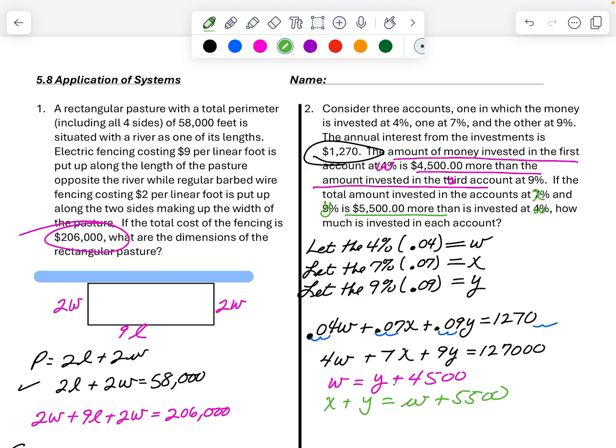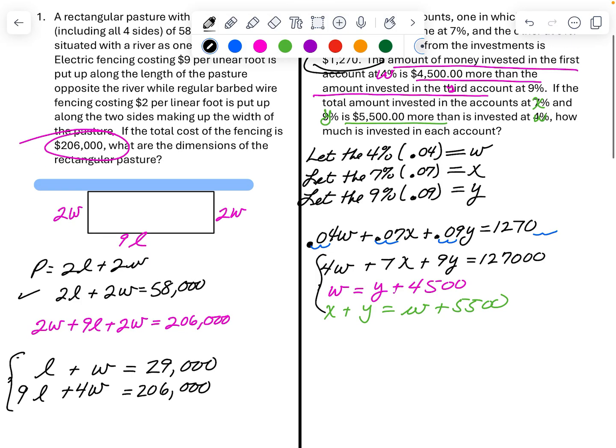Sorry about that. So that is our system. And again, you can solve that however you want. I would rewrite it. I would take it in the order of W, X, Y and the constant.